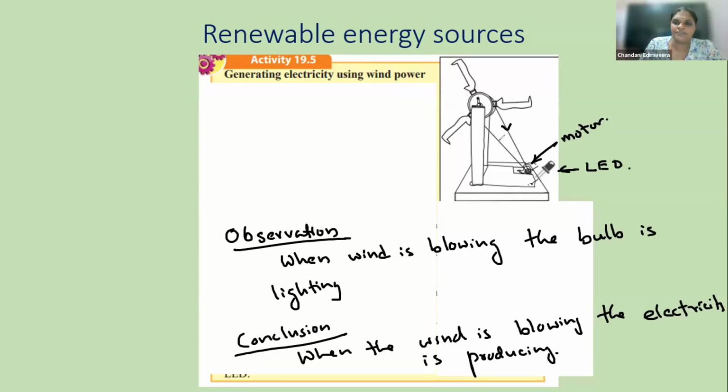This is a wire, and the LED is here. When the wind is coming this way, this is turning. When this one is turning, the belt connected here starts to move. Then the motor is working and the LED lights up.